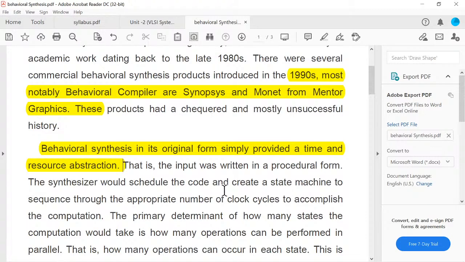Primarily we know that the smallest element of any integrated circuit is the transistor, and by combining various transistors, we implement gate level structures.